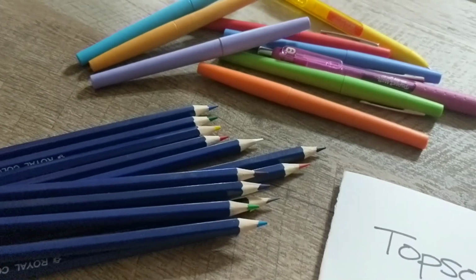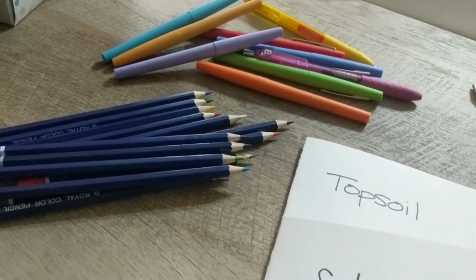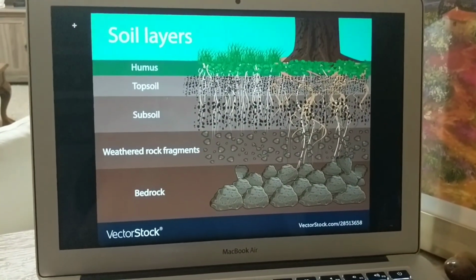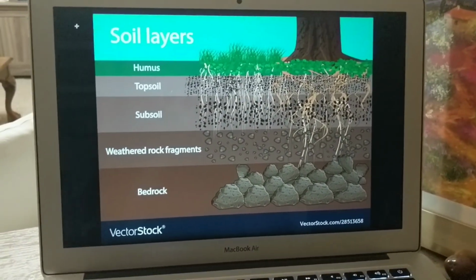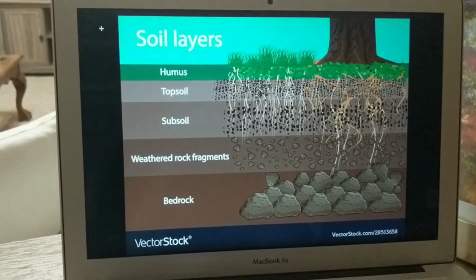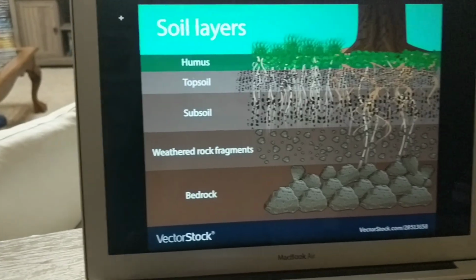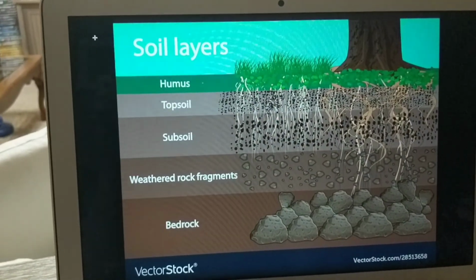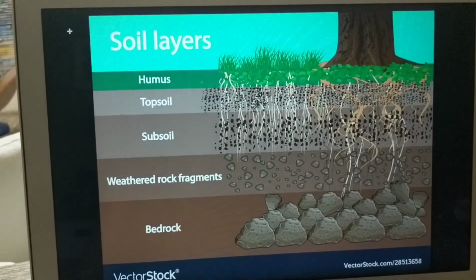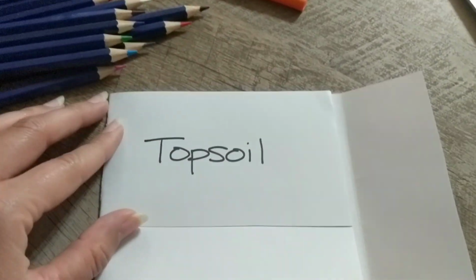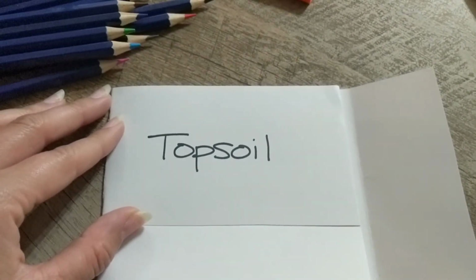Now it's time to grab some colored pencils, crayons, whatever you want, and let's make this look a little more like the picture we were looking at to represent our different layers. So for the first one, our topsoil, we know this is where most of our roots are, where some small bugs, small animals might be living. So I'm going to take some time to reflect that right here and draw my topsoil.